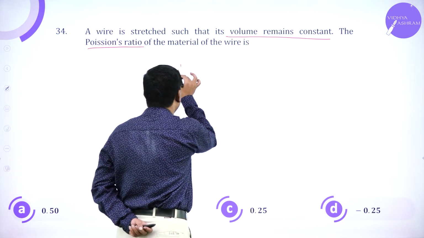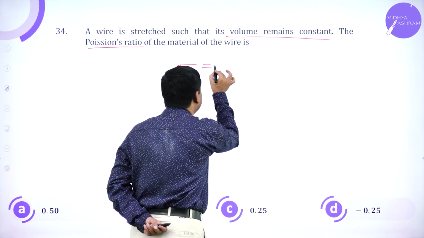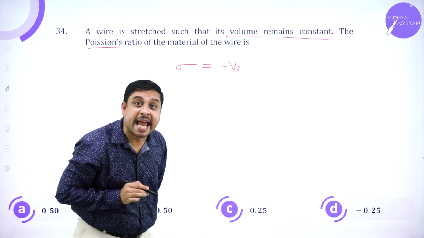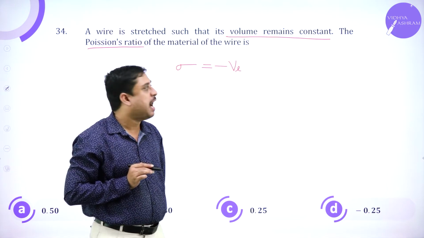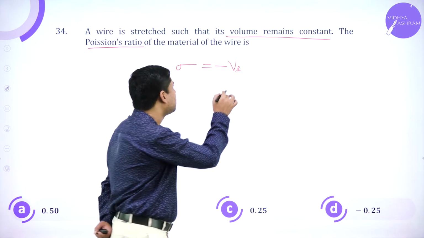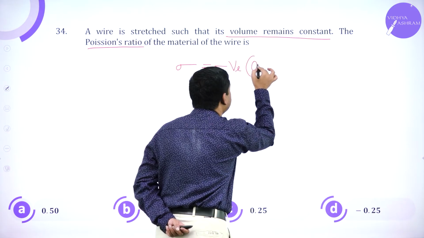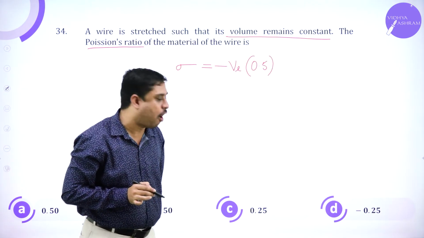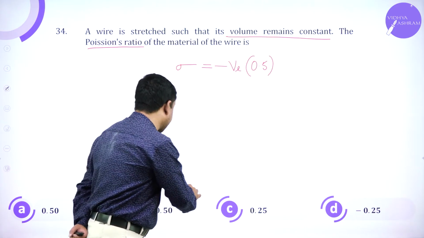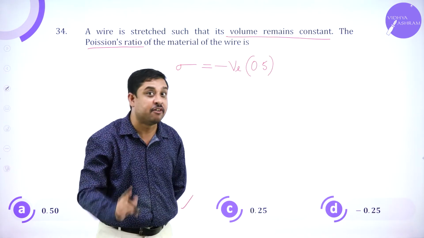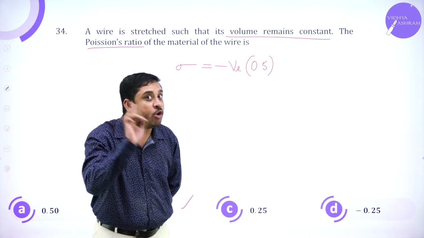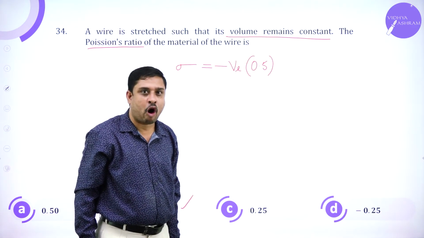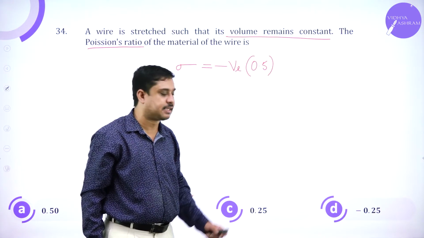Always remember, Poisson's ratio for stretching is negative. And since volume is constant, Poisson's ratio is always 0.5. So the answer is minus 0.5. Why 0.5? Again, no mathematical calculation. Very clearly because volume remains constant.